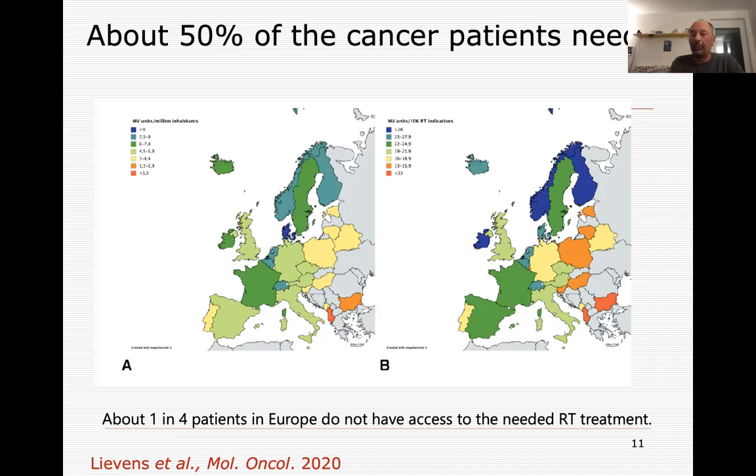So you can be more than sure that if you want to do medical physics, you will find a job in Germany very easily if you look at these plots. Maybe less easily if you are in Norway or in Finland, where actually there are a lot of radiotherapy units already. But in Germany, you definitely have to increase the number of radiotherapy units.